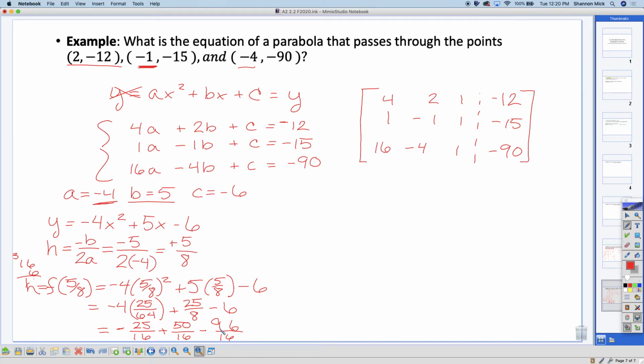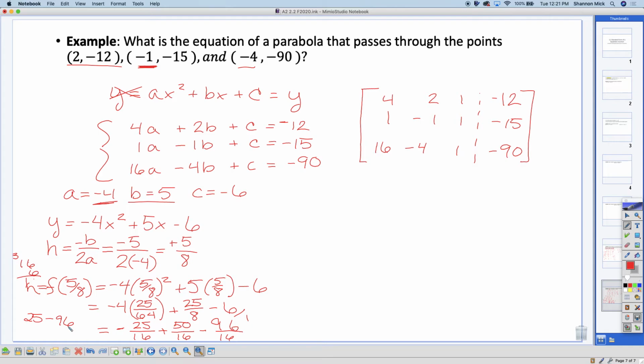Okay, I like to add my negatives and then subtract my 50. Okay, this is 6 over 1, correct? My common denominator is 16 for all of them. Okay, so I have 25 and 96. Negative 25 and 50 gives me what? 25. So I have positive 25 and then minus 96, right?